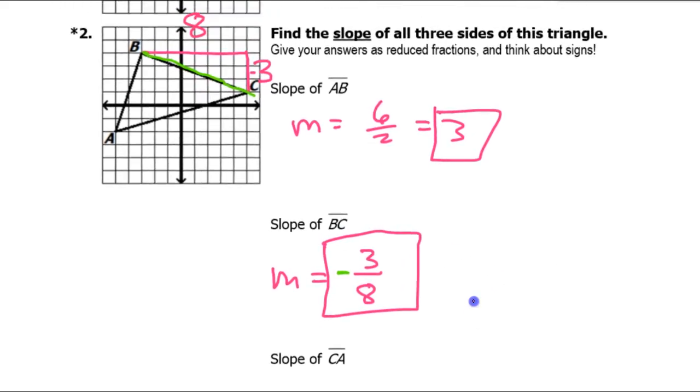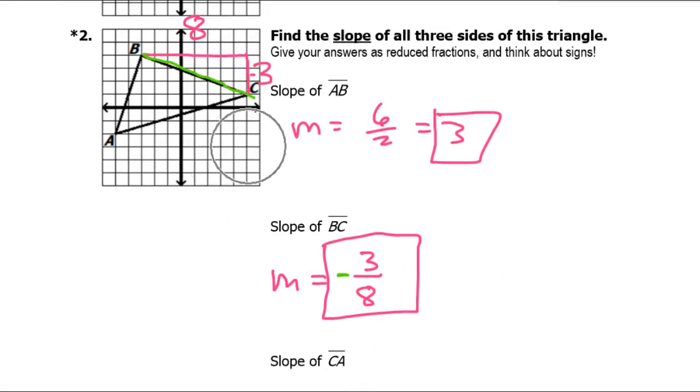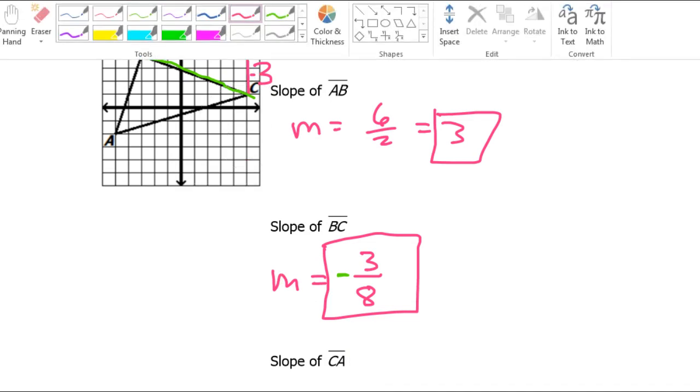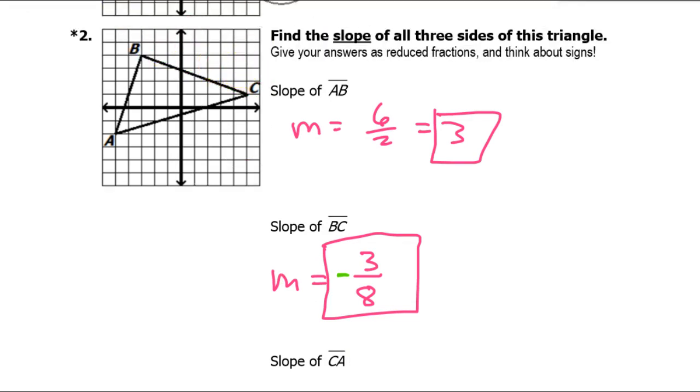Okay, and finally the slope of CA. So I'm going to make a right triangle out of that. Okay, so here's a right triangle that has CA as the hypotenuse. So I see the vertical portion is 3, and the horizontal portion is, what was this, 10?